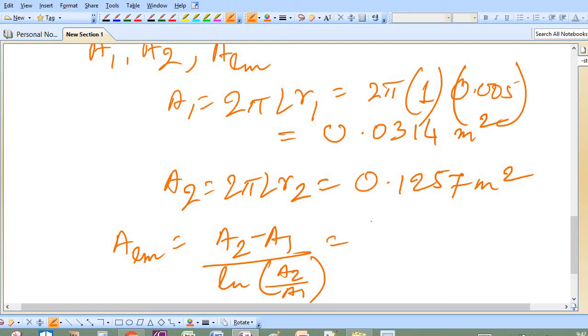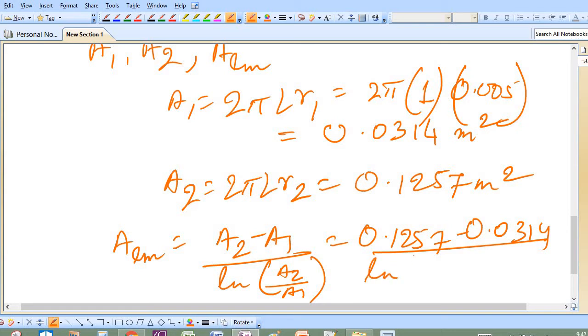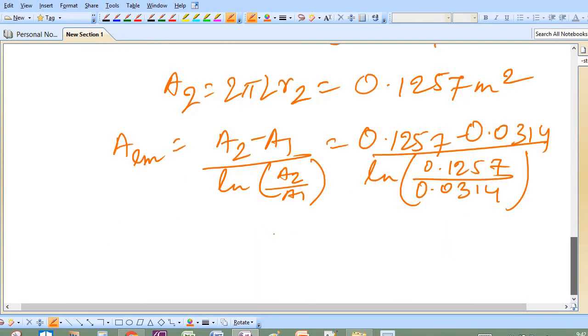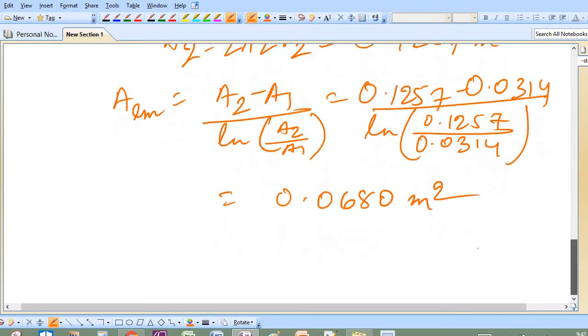Now we place the values: 0.1257 minus 0.0314 divided by ln of 0.1257 divided by 0.0314, equal to 0.0680 meters square.